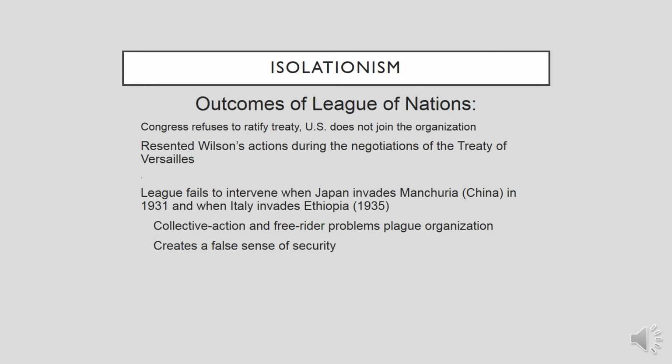The League of Nations ultimately fails, and this failure to prevent war leads directly into the buildup before World War II. In the Pacific, Japan invades China and other areas of Asia and Pacific Islands. Italy invades Ethiopia, and the League of Nations really did nothing, had no force to back it up.